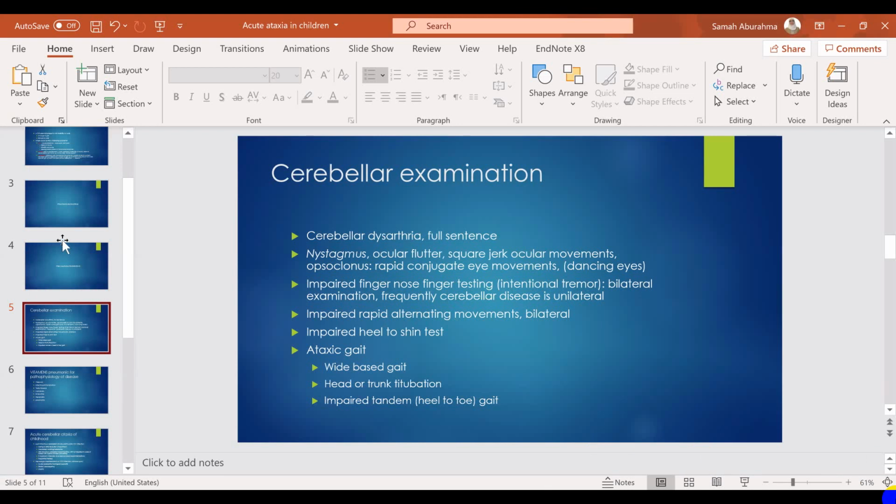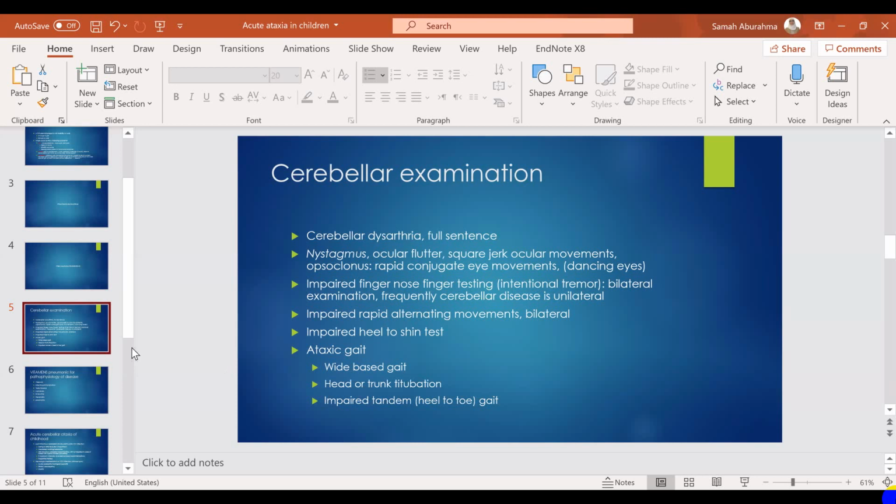He had good anti-gravity movements. He does not appear to be weak. Once we examine him, indeed, the patient is ataxic. He has titubation movements. He's falling. He's unsteady. He has a wide-based gait. So we decide in this patient, after the history and physical examination, the cause of his problem is acute ataxia.